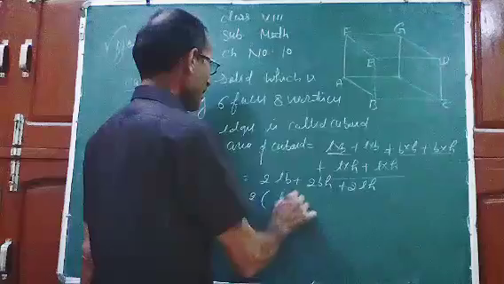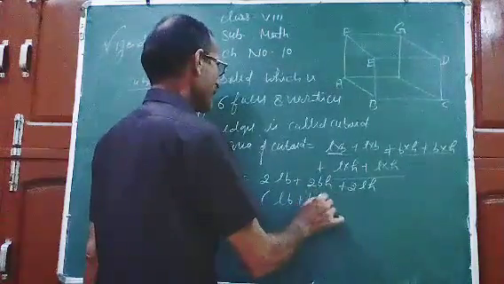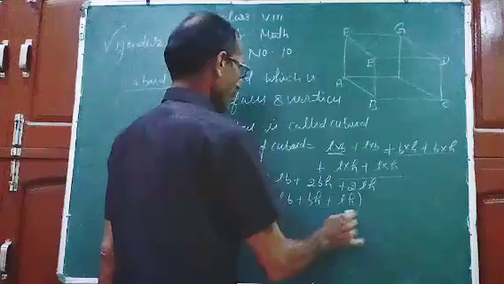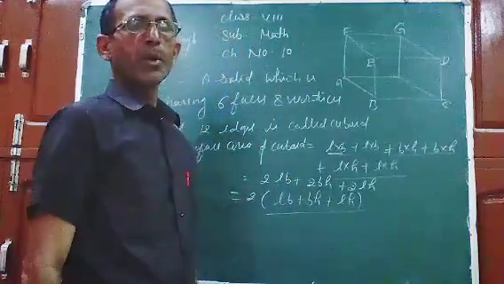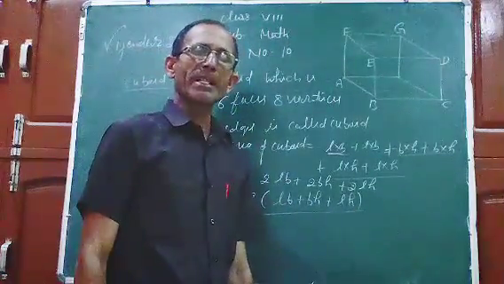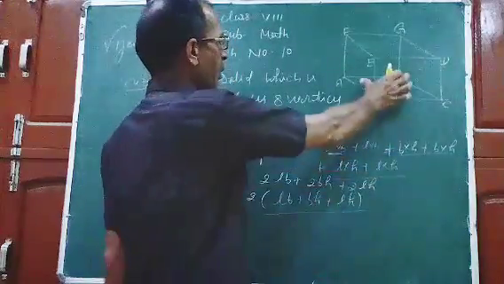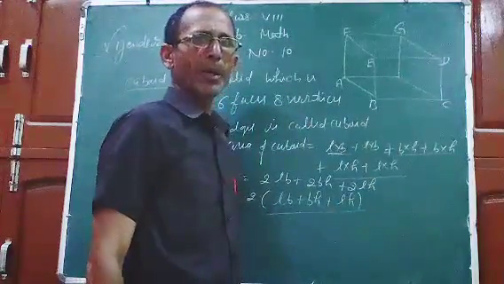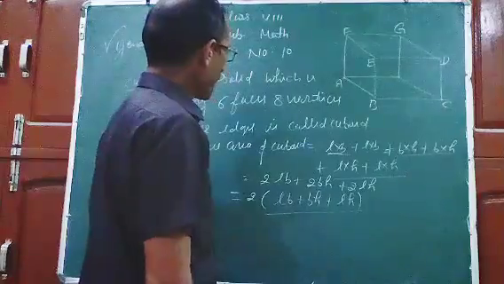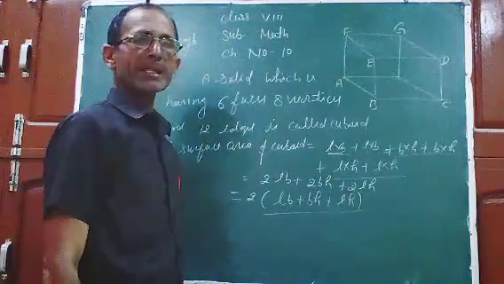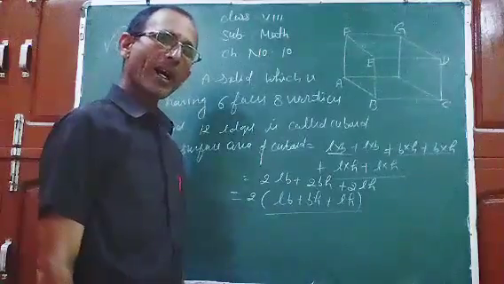So 2 into LB plus BH plus LH. This is the formula for finding the total surface area of a cuboid. Have you understood? The formula is 2 into LB plus BH plus LH, where L stands for length, B stands for breadth, and H stands for height.